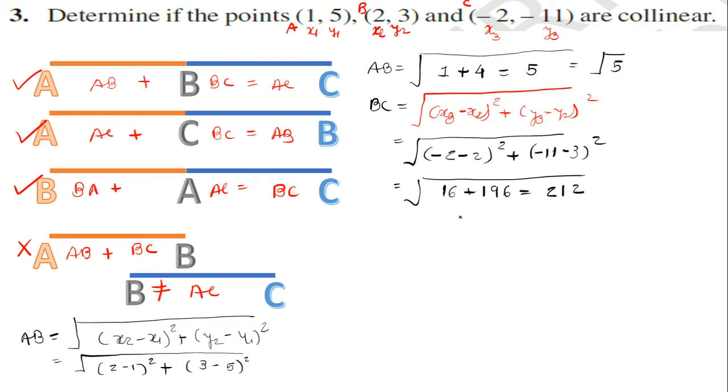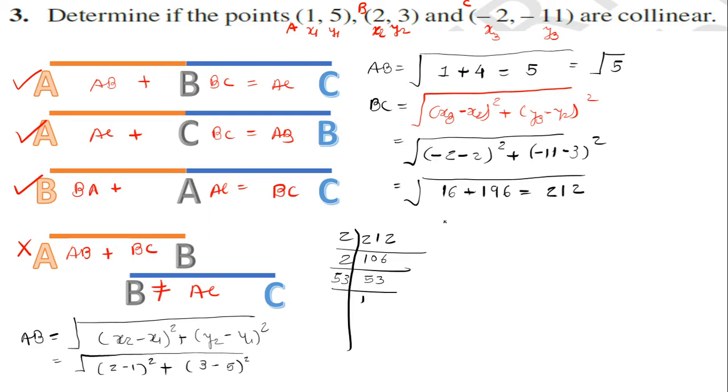If you want to simplify this, divide by 2 to get 106, again divide by 2 to get 53, and 53 is a prime number, so 53 will remain as it is.